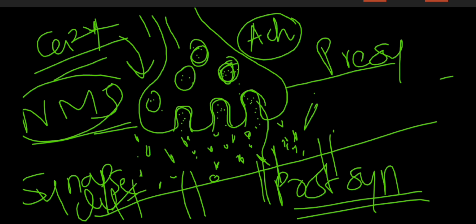Acetylcholine diffuses across the synaptic cleft and binds to specific receptor sites on the motor end plate of the muscle fibers. The motor end plate is a specialized region of the muscle fiber membrane.